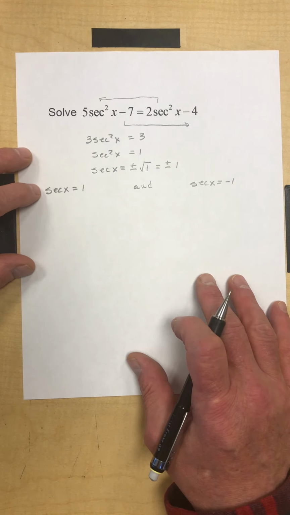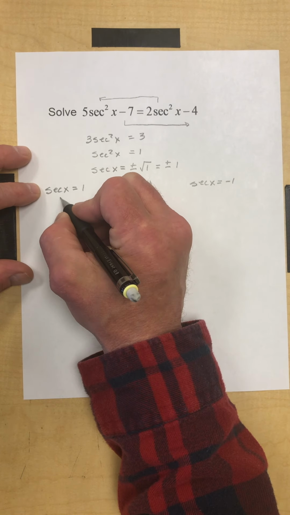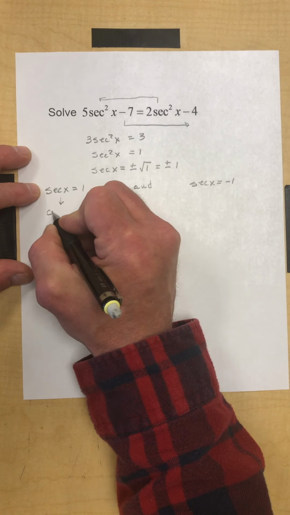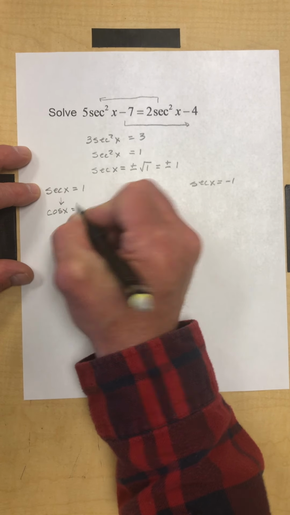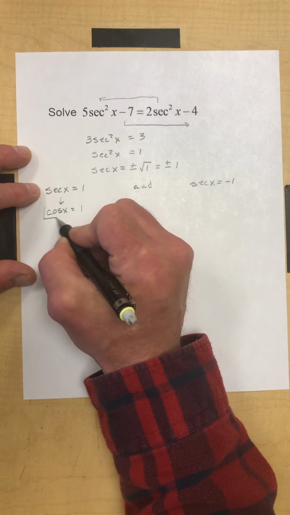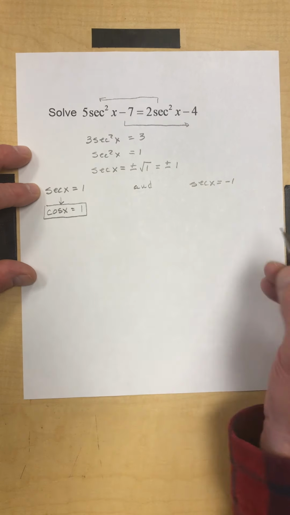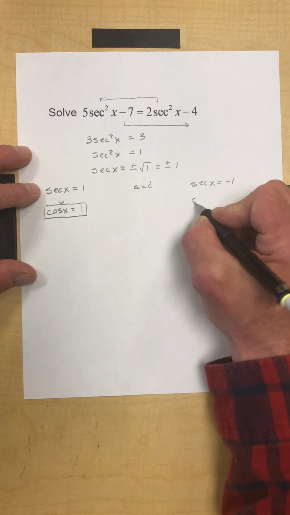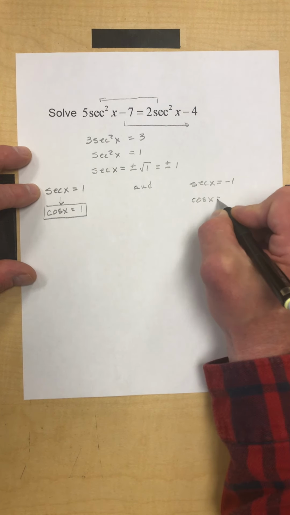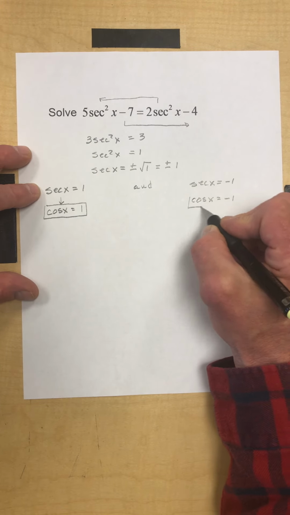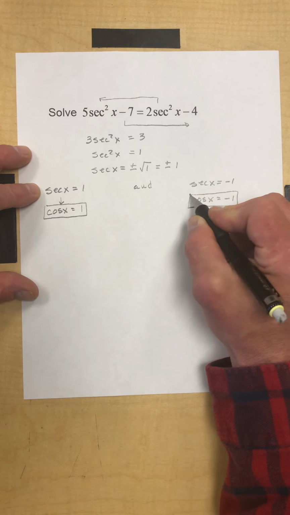Secant is the reciprocal of cosine. So if I take the reciprocal of both sides, I get cosine of x equals the reciprocal of 1, which is just 1. Over here I do the same thing, take the reciprocal of both sides, so I get cosine of x equals the reciprocal of negative 1, which is still negative 1. So this is what I have to work with.